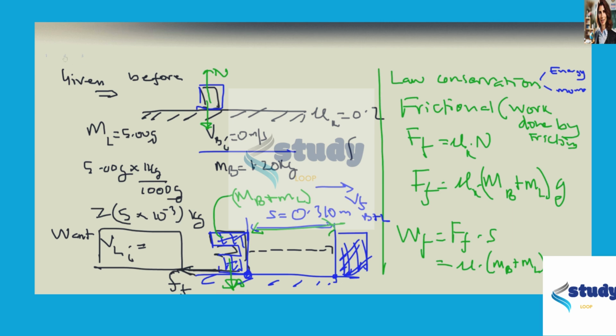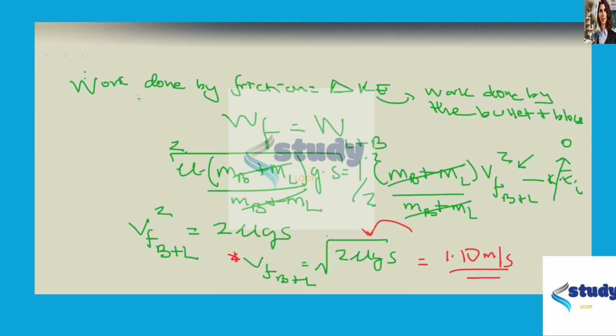We compute that, the work done by friction, and then we compare the work done by friction to the work done by the bullet and the block. We simplify. Always a good habit to keep the variables up until the end. See how it simplifies to a simple expression. That's the final velocity of the bullet and the block. It's radical 2 mu g s.